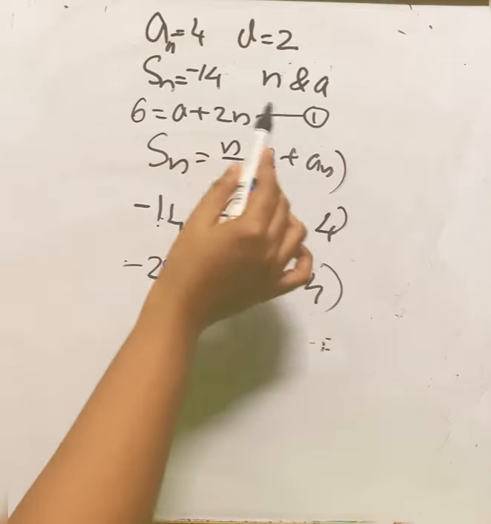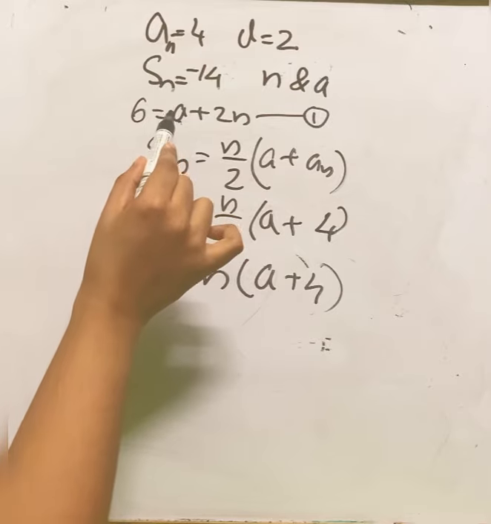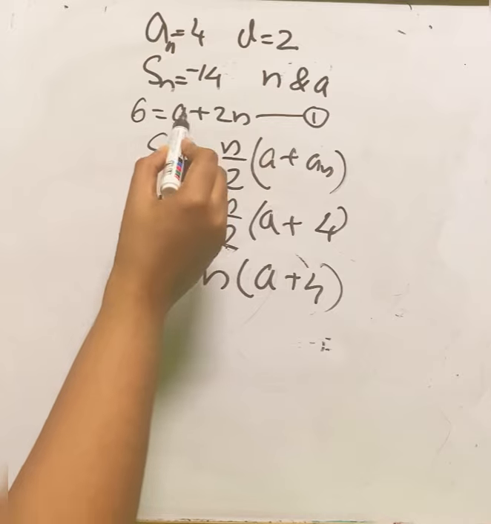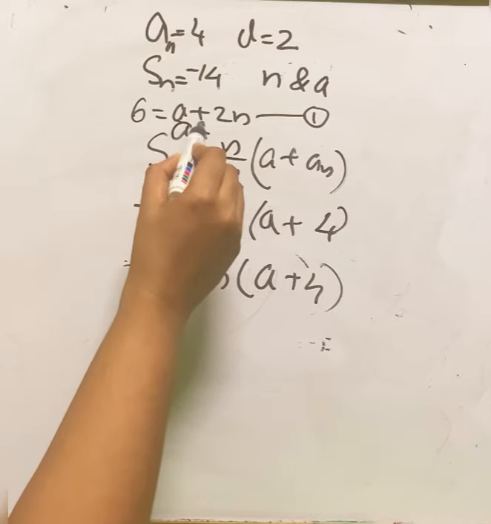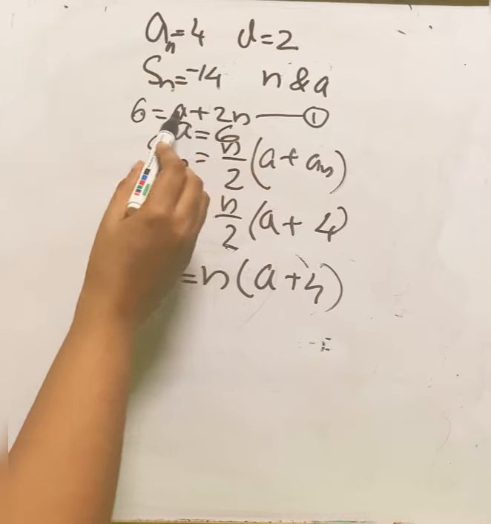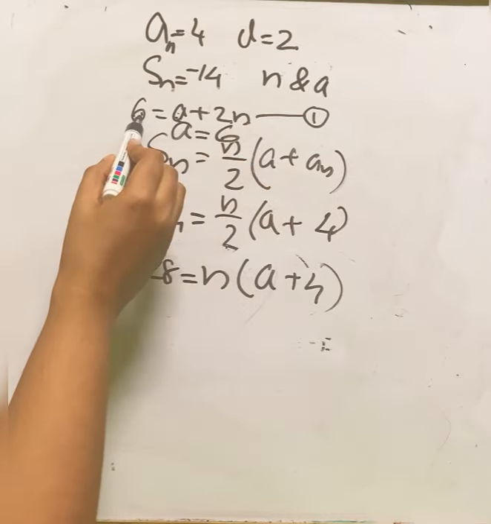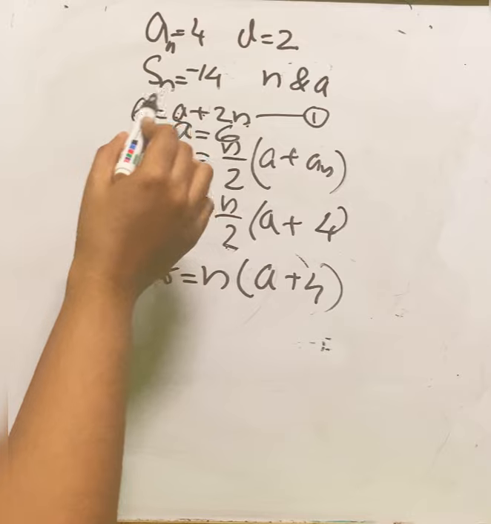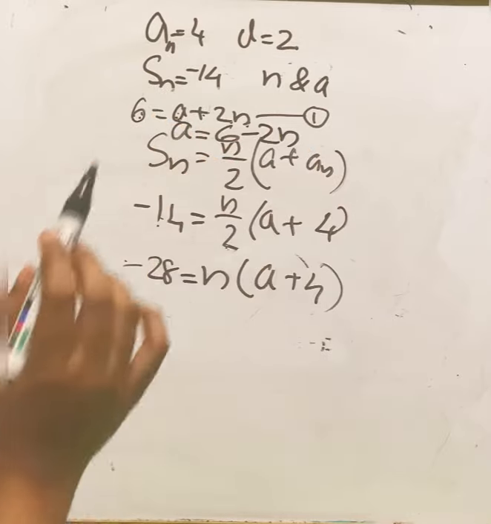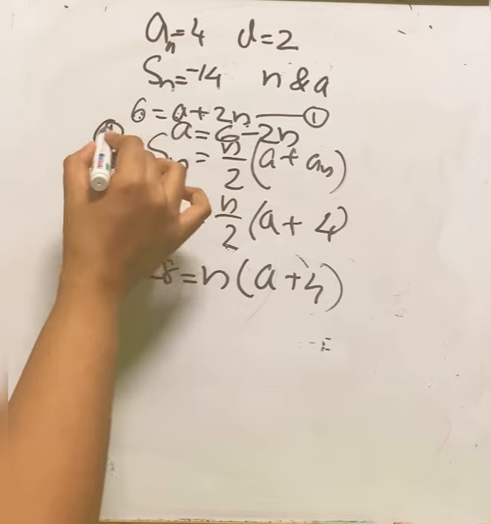Now listen, here we have a. In the first equation we have an a. So from this you have to rewrite as a equal to form. That is, keep the a on one side of equal. We have 6 on other side. This 2n along with a is taken to the side and it becomes plus 2n becomes negative 2n. 6 minus 2n. A equal to 6 minus 2n. This is from equation 1.